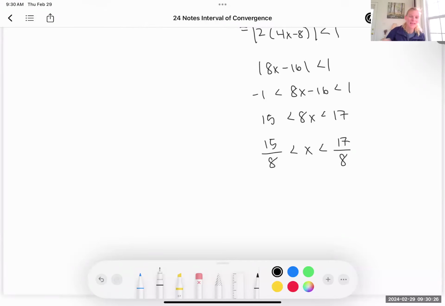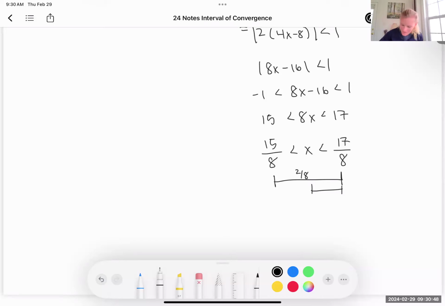At this point, the radius of convergence is just how wide is this interval, and then half of that. So you could think of half of this as the radius of convergence. To get from 15/8 to 17/8, I add 2/8, so that whole width is 2/8.